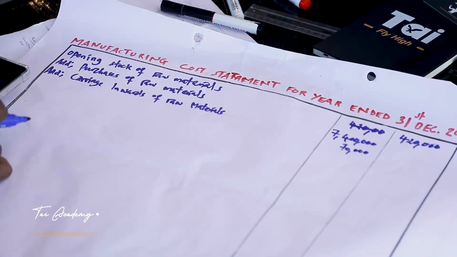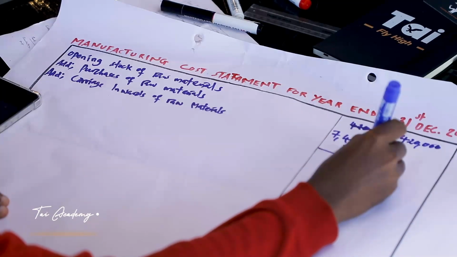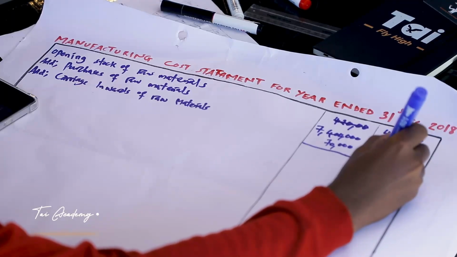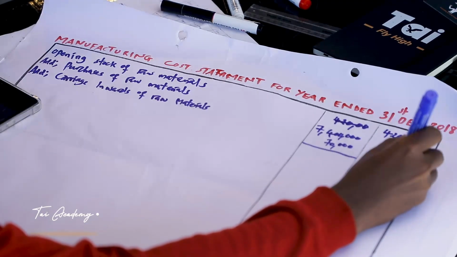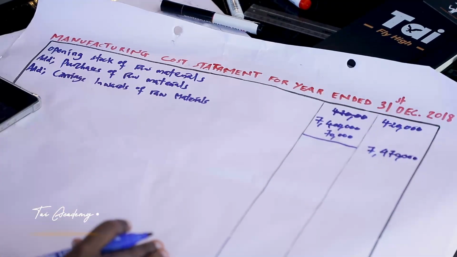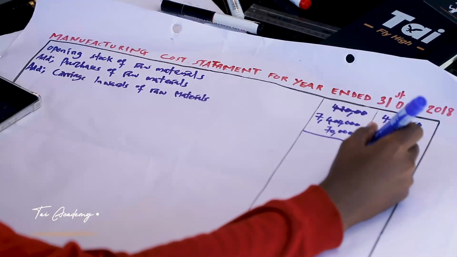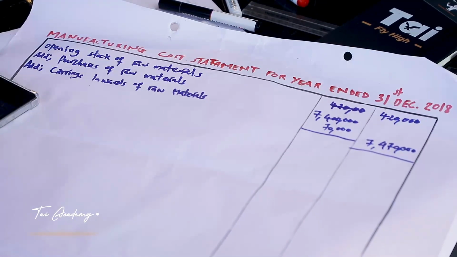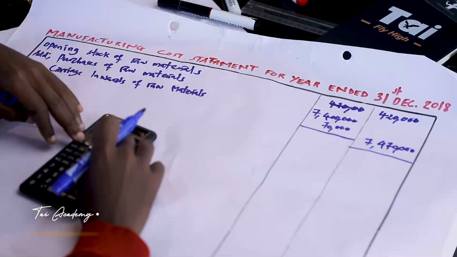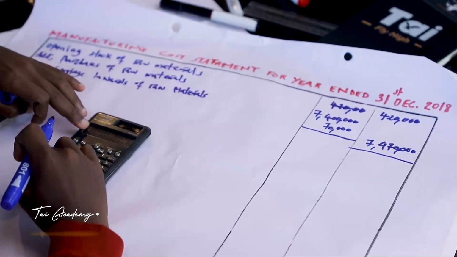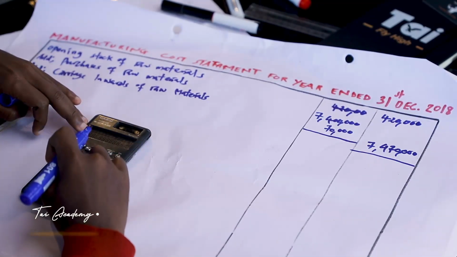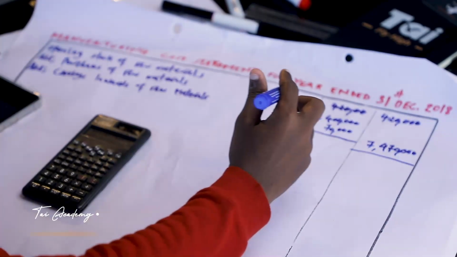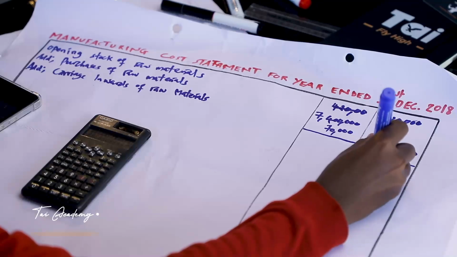So after adding the two, we get the sum of 64,700,000. So we add the opening stock and purchases. We get a total of 7,089,822.